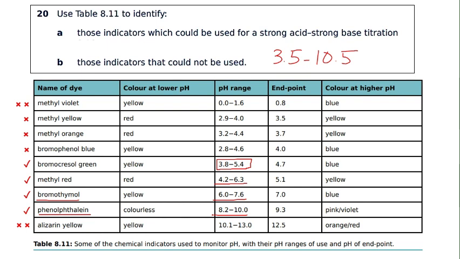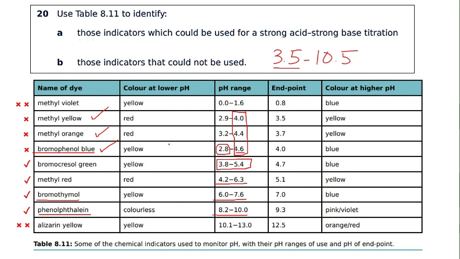Now, if we check bromophenol blue, one end of its range, 4.6, is fine, it is in the range, but its lower end is less than 3.5. It means it can still work a little as an indicator, but it will not be a good one. Same with bromophenol blue, methyl orange and methyl yellow: all these three indicators have one side in the pH range, but their lower limit is less than 3.5.